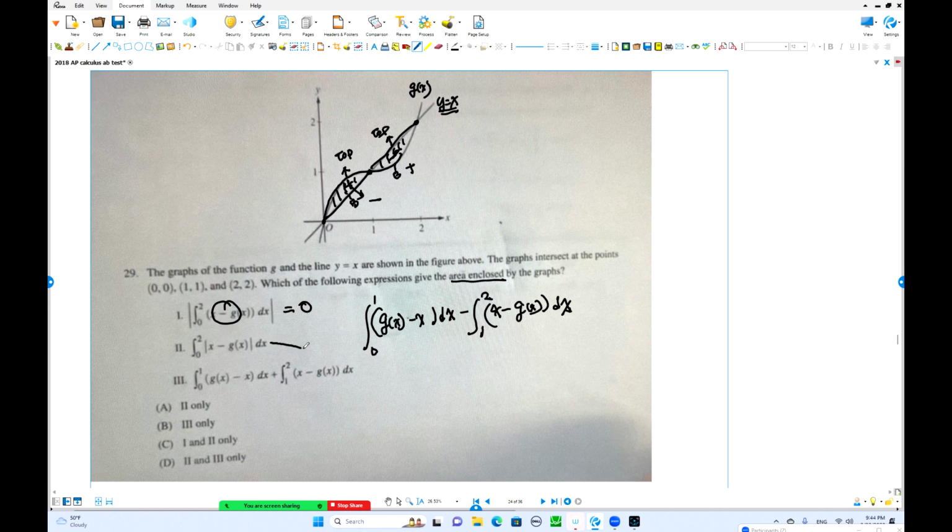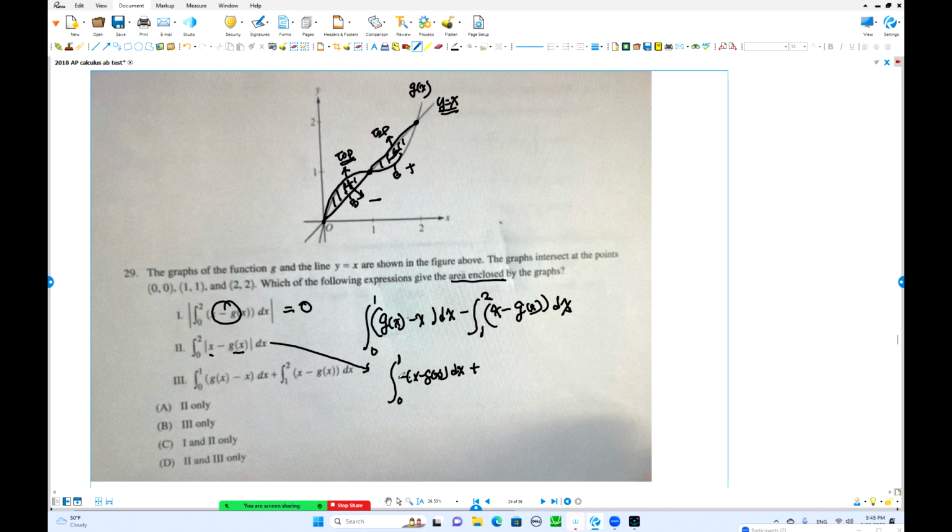Okay, take a look. I'm going to express this one, 0 to 2, okay? Top is what? g of x is greater than f of x, okay? It's okay? So we're gonna put one more negative sign there, okay? So negative x minus g of x dx until up to 1, okay? g of x is greater than x, that is a negative sign, okay?